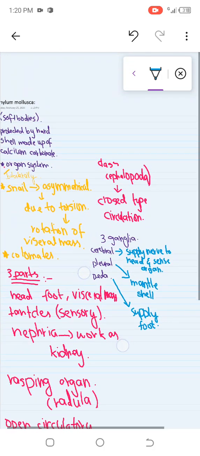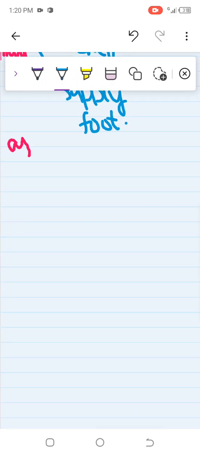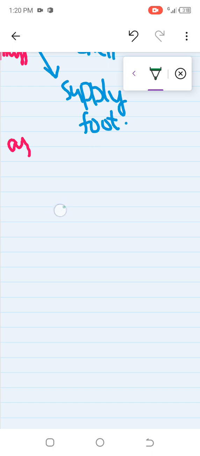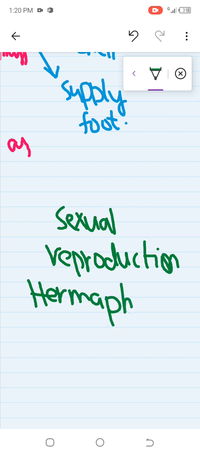Now, reproduction. They have sexual reproduction. Mostly they are hermaphrodite, meaning both sexes are present in one body.